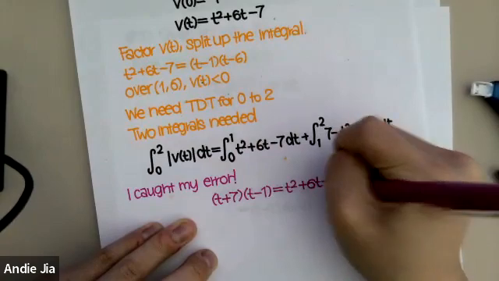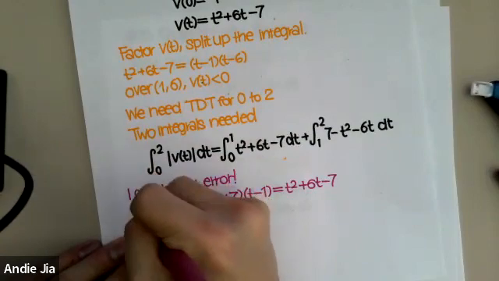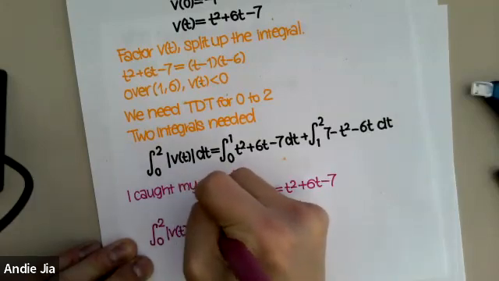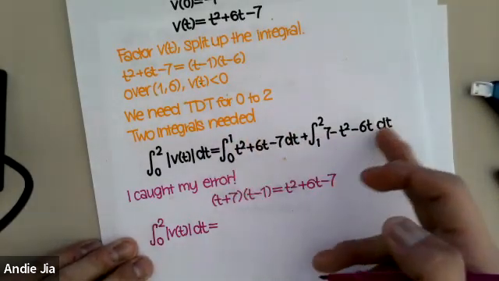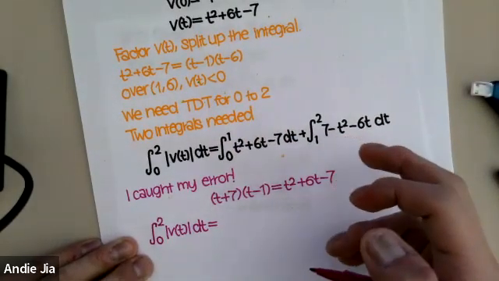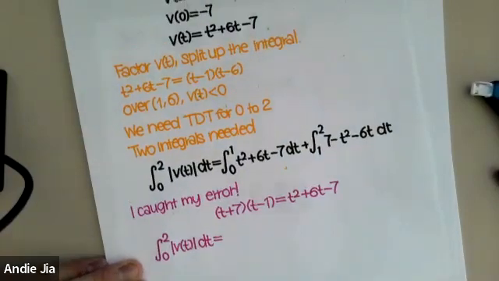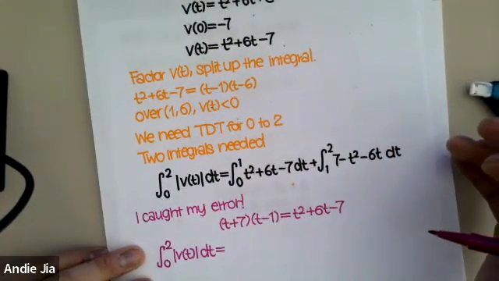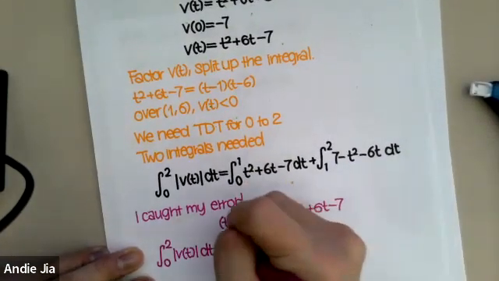Should this be factored? So the new integral is split up from, well, 1 is correct, but we need to reverse it. It's going to be negative 7 and 1. So from 0 to 1, it is negative.